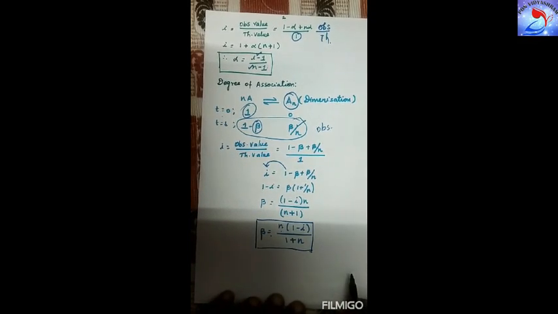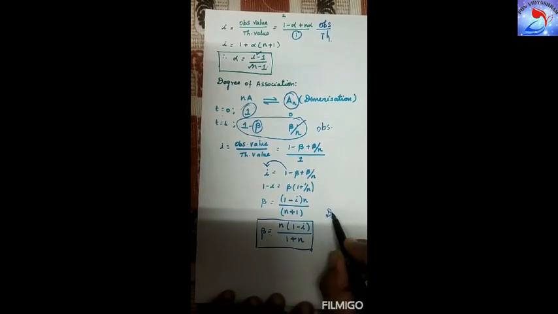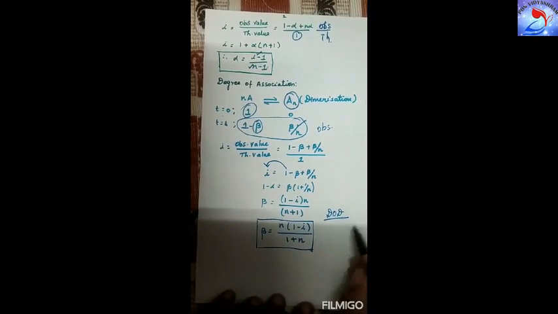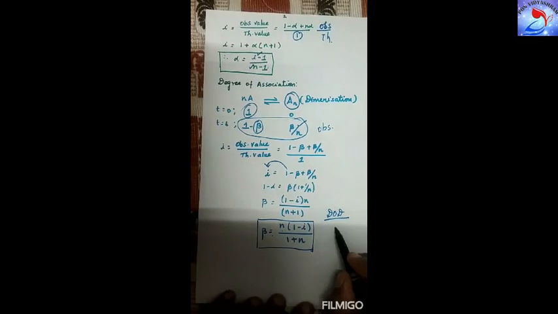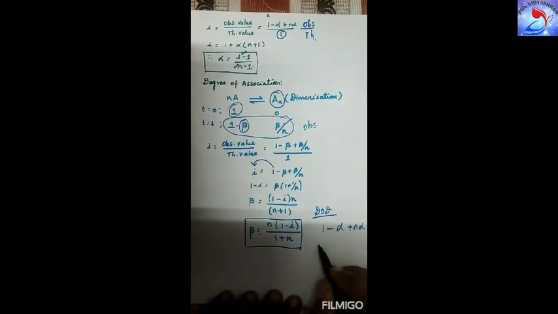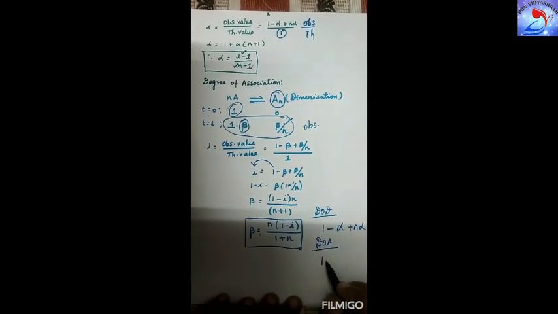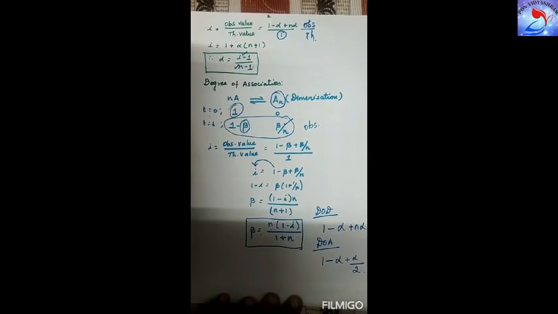In simple terms, for degree of dissociation you write the expression as 1 minus alpha plus n alpha. For degree of association, you can write 1 minus alpha plus alpha divided by 2. So these two are the same except for the last term.